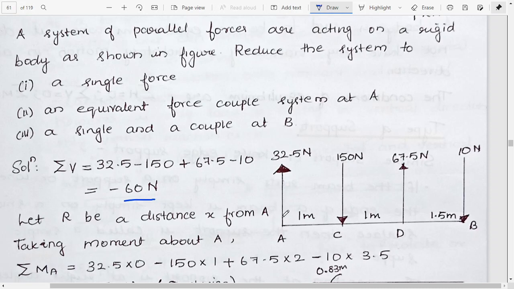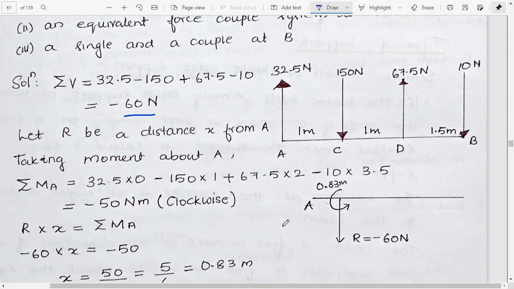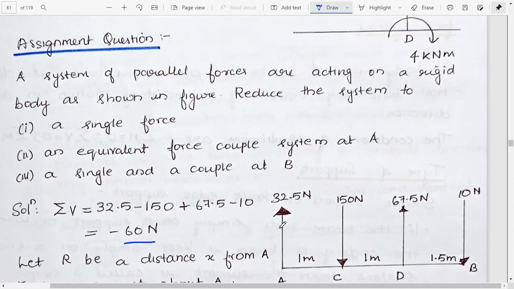Then we just need to find the moment about any point. If you are taking A, it will be minus 150 into 1, 76.5 into 2, minus 10 into 4.5. So we'll get the couple also.